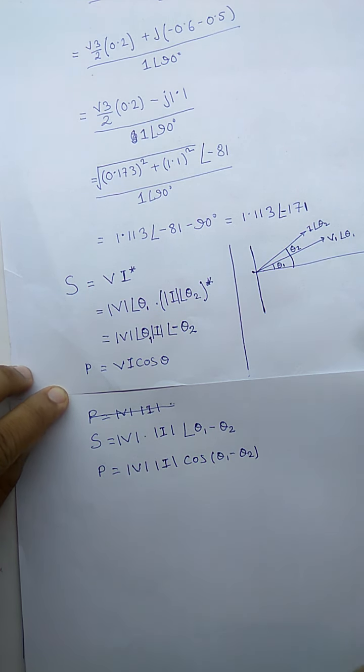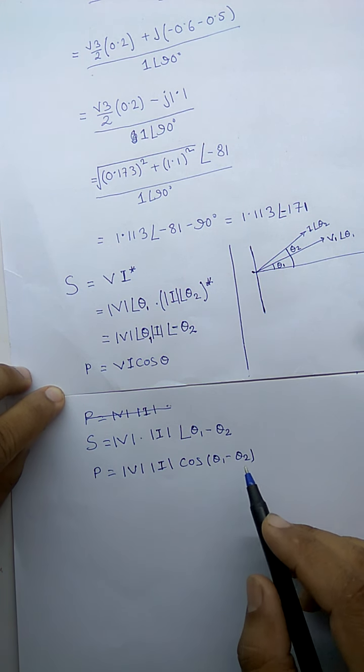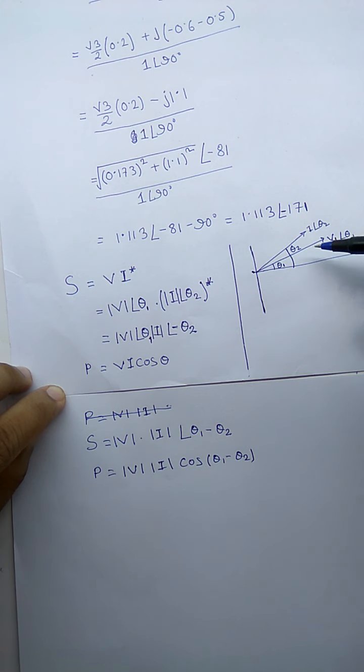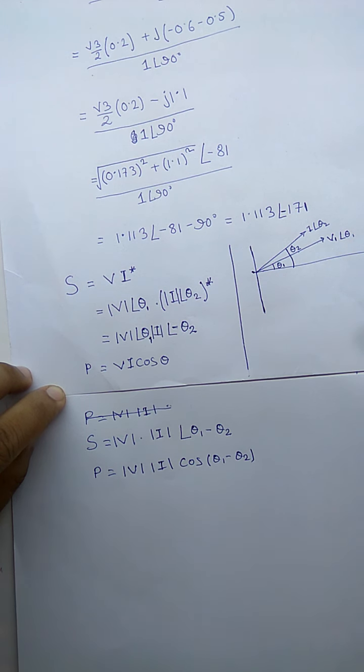Now, if we don't take a conjugate, what will we get? We will get theta 1 plus theta 2. So we are not getting the difference of the angle between the voltage and current, but we are getting a summation which we don't want. So for that, we always have to take V into I conjugate for apparent power.